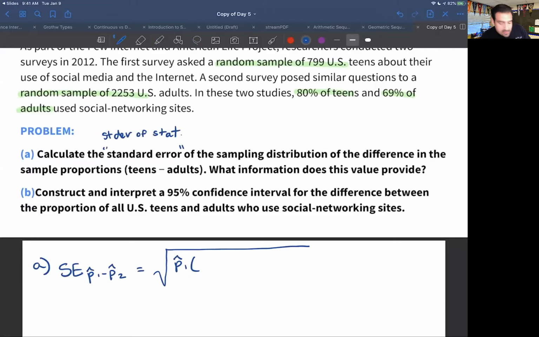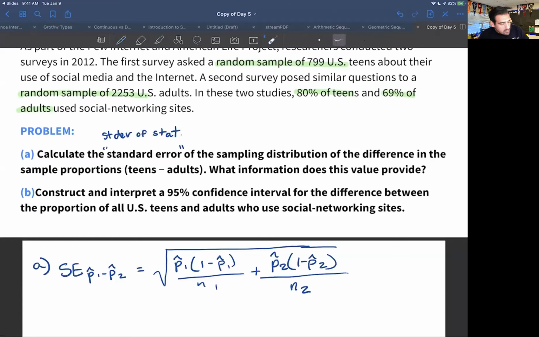But remember, we need to use the information that we collect from our sample. Let me write this all out. It's that same formula. The only thing that's different is that instead of using the true population proportion, which we don't know, we're going to estimate by using the sample statistics that we've collected.